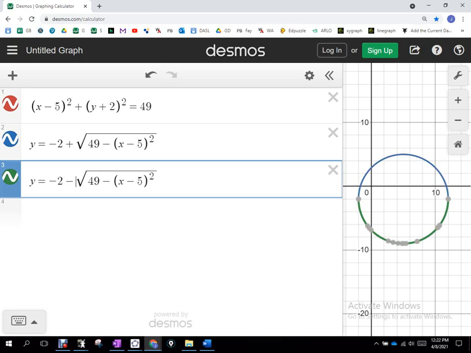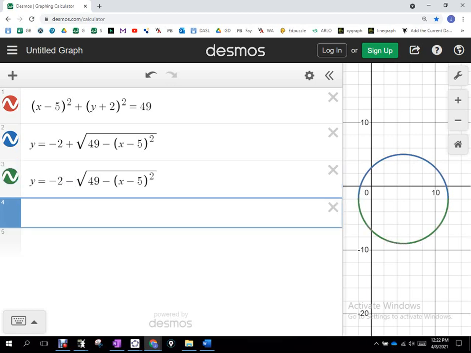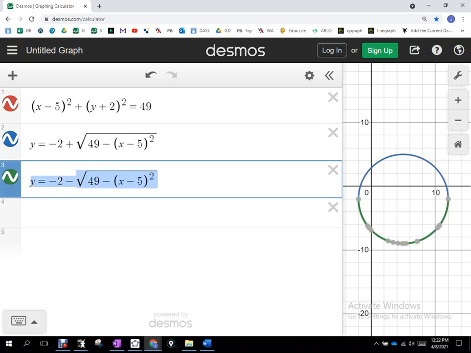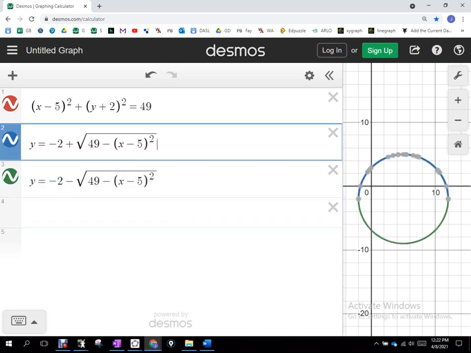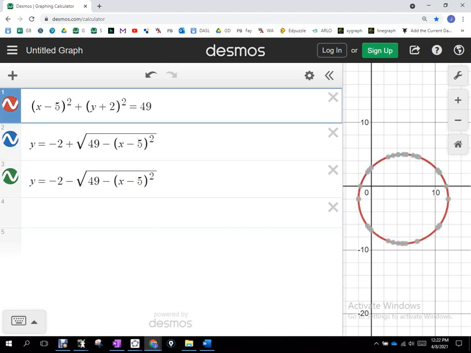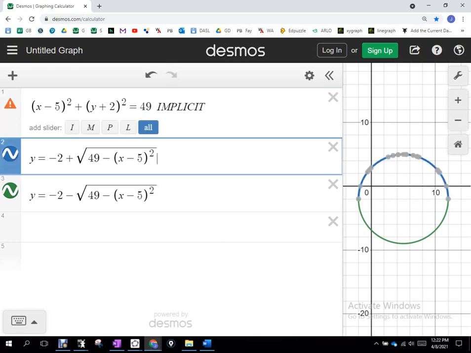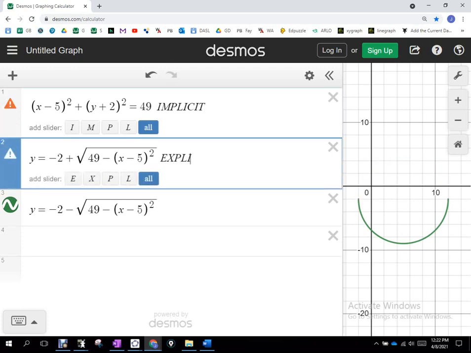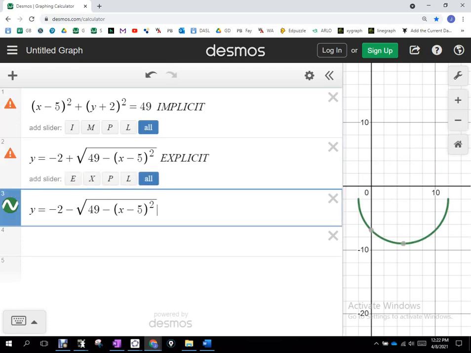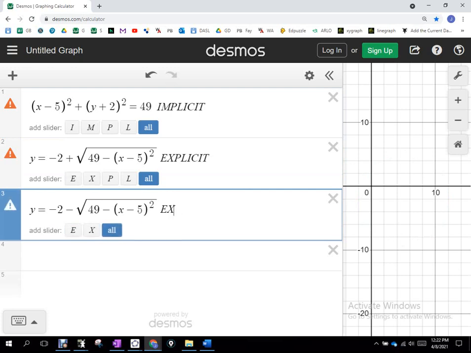Now if I put a minus there, you can see that it gives you the bottom half of that circle. So these two things together, the green one and the blue one, equate to that red one. The red one is, like I said, an implicit equation. These are explicit.